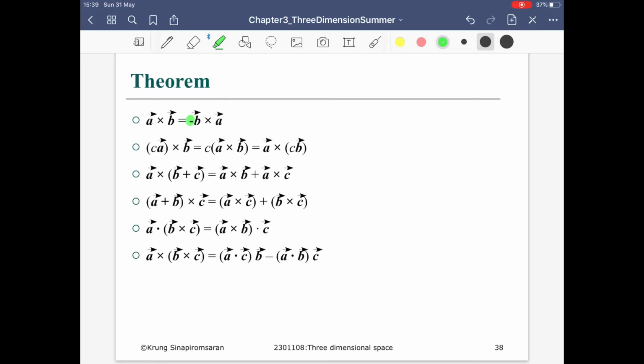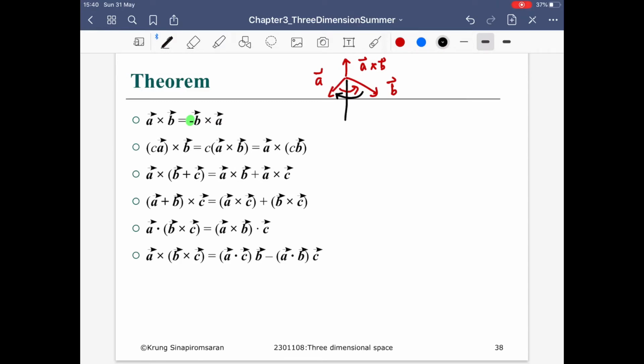Because if you think of A cross B using the right hand rule, your A cross B will go upward like that. But if you do B cross A, they are different, right?